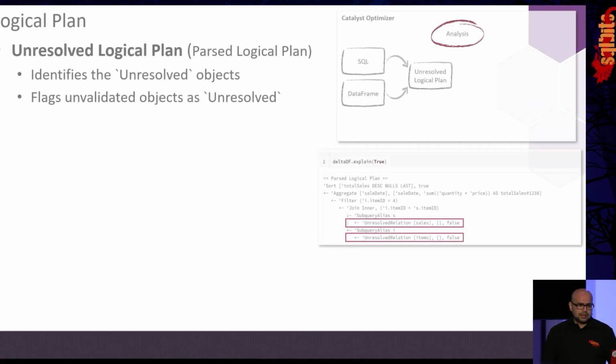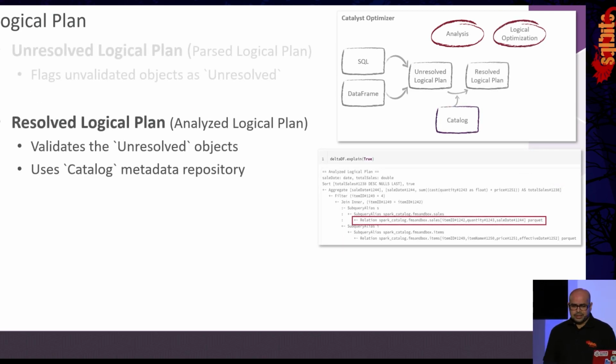Drilling into this, we've got that first one, the unresolved logical plan, also known as a parsed logical plan. Once your code's validated, it will look to identify all the objects you've got, and anything that it doesn't identify, it will flag as unresolved. We've got an example there, where it's not been able to resolve my relationship.